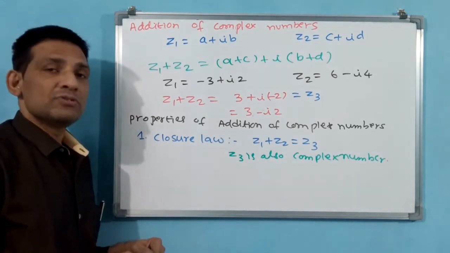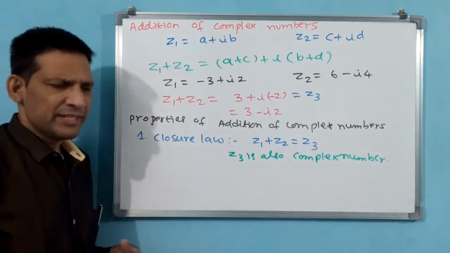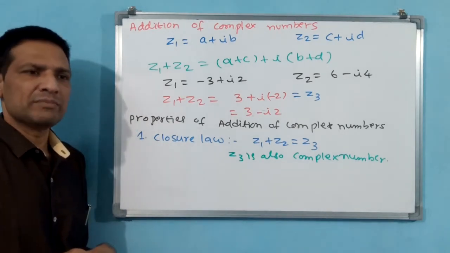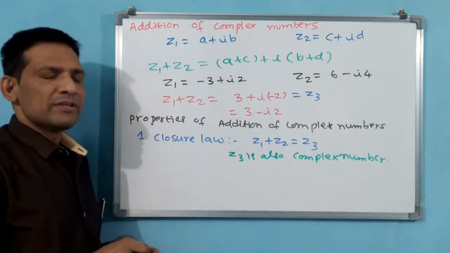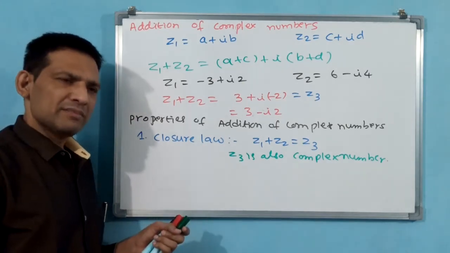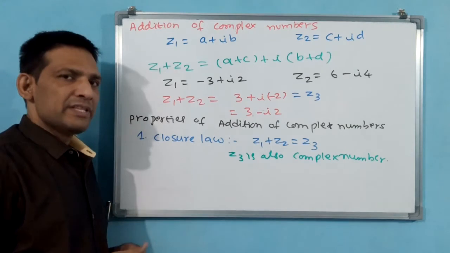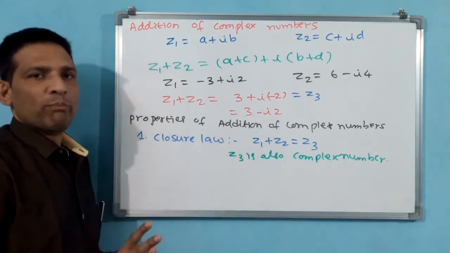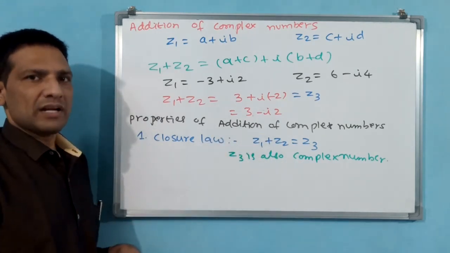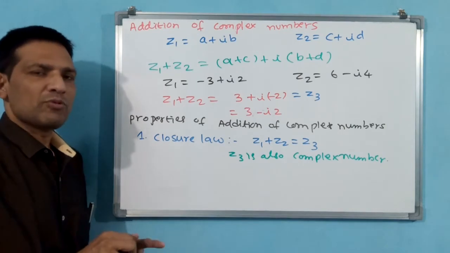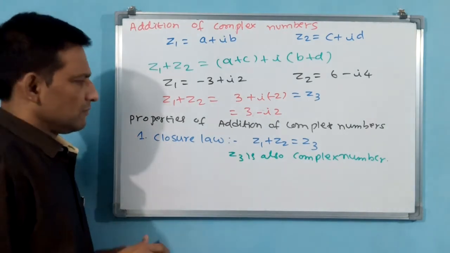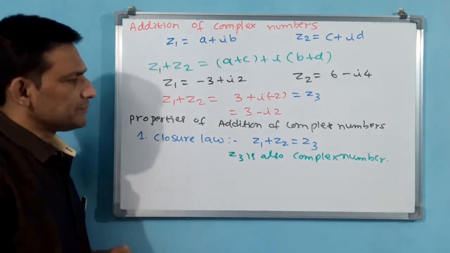That you have to know. Naturally, any real number or even a pure imaginary number you can write in complex number form. But even then, this law you have to know. Why? Because in the examination an objective type question may be asked. Okay, this is closure law.